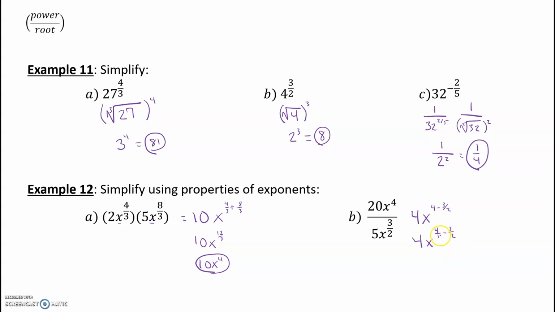It looks like it's going to be 2, so I have to multiply top and bottom by 2. So we've got 4x, this is going to be 8 over 2 minus 3 over 2. Now that we have a common denominator, we can go ahead and subtract. So we've got 4x, 8/2 minus 3/2 is 5/2. And we're simplified.